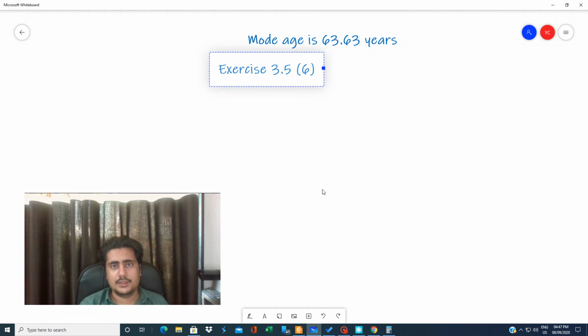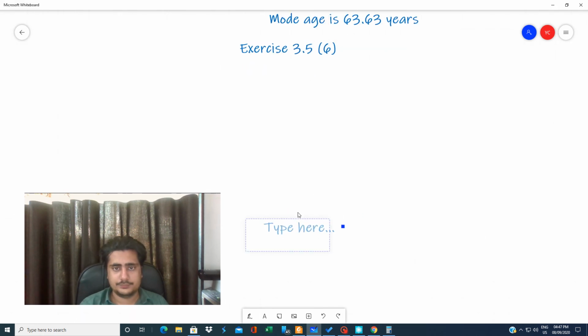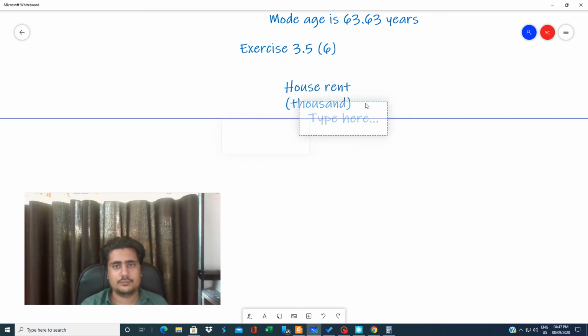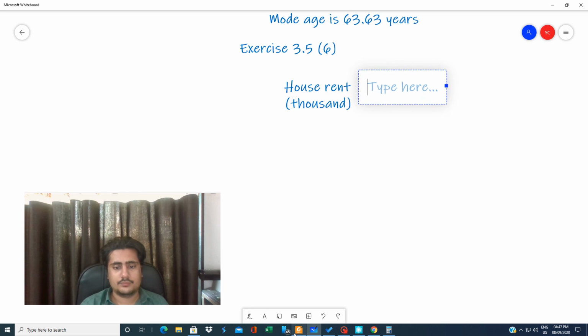House rent in thousands, number of families.